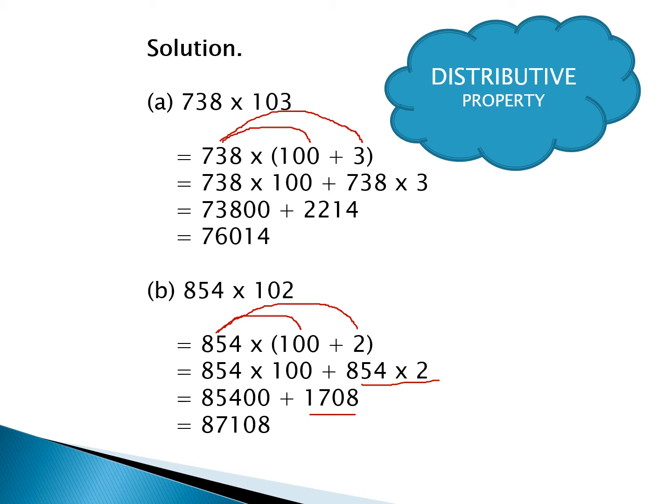Okay, so now let's move on to another question. Now the question is 258 multiply 1008. Now in this question we will break 1008 into two parts. Like we will write 258 multiply 1000 plus 8.